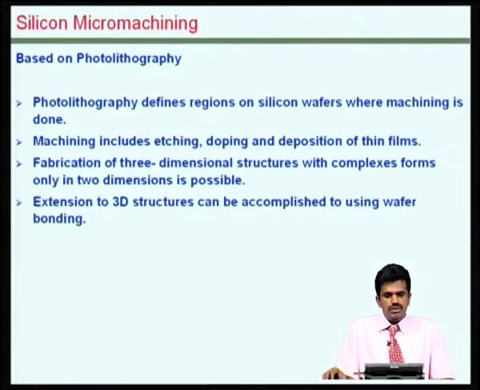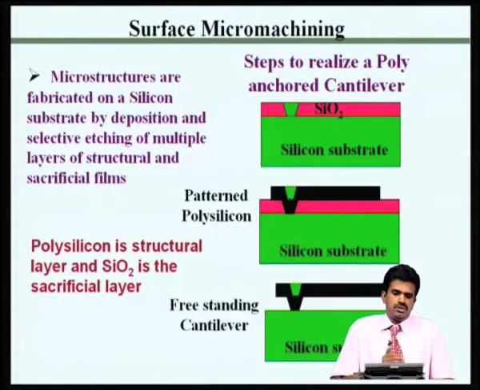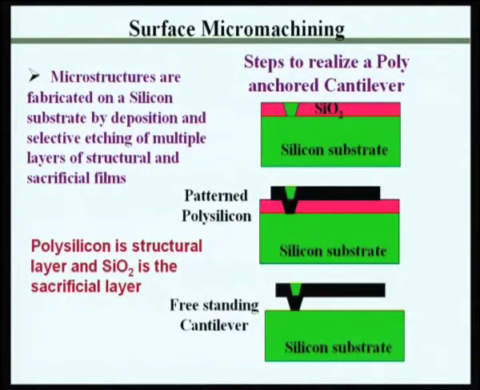We need to tweak it to get this three-dimensional structure. Surface micromachining is one of the common approaches, a scheme of events required for fabricating such structures.